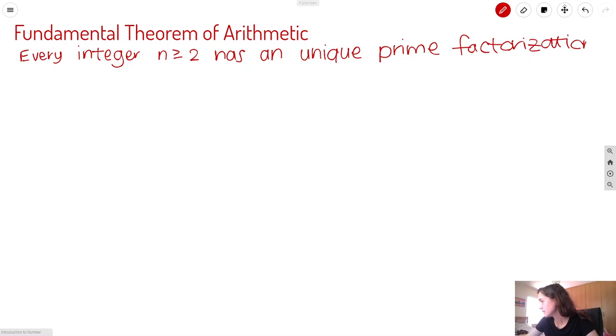So what this means is every number can be written in terms of its primes.